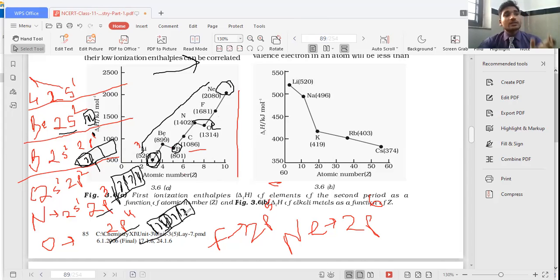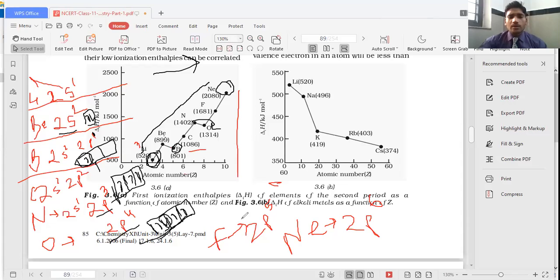And second ionization enthalpy of oxygen will be very high. Why? Because after removing 1 electron, you are getting a cation as well as you are getting a stable configuration of p3. Right? So second ionization enthalpy of oxygen will be very high as compared to others. But that is not my point of discussion right now. So this is clear.